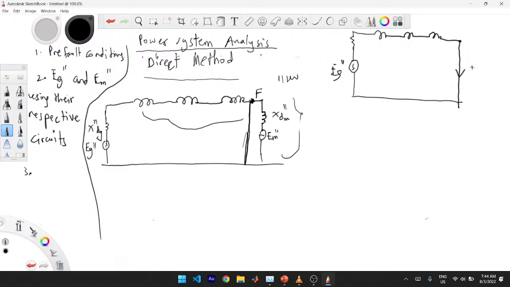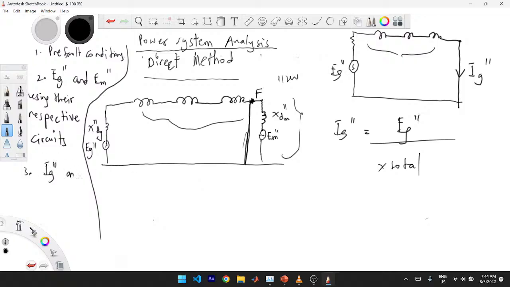I'll use this circuit to find my IG prime, the current produced by the generator. Here IG prime, by Ohm's law, is EG prime over X total. Now find IG prime and IM prime at fault.